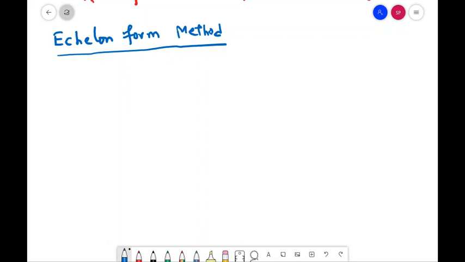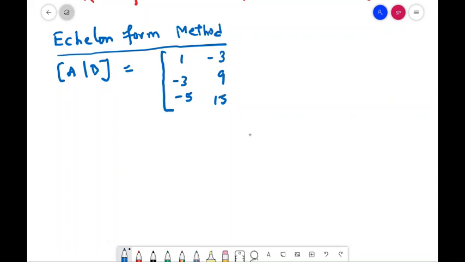For echelon form, I am directly taking the augmented matrix. I'm not writing the equations and converting them into an augmented matrix now. How do you write the augmented matrix directly? See the vectors given. Write them as columns: 1, minus 3, minus 5; then minus 3, 9, 15; 2, minus 5, and h.